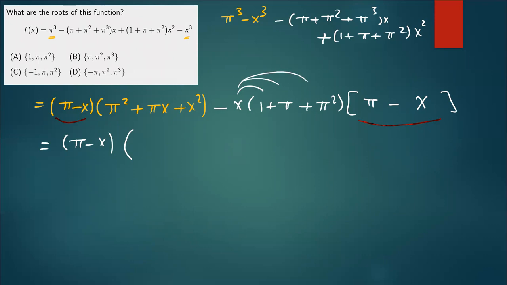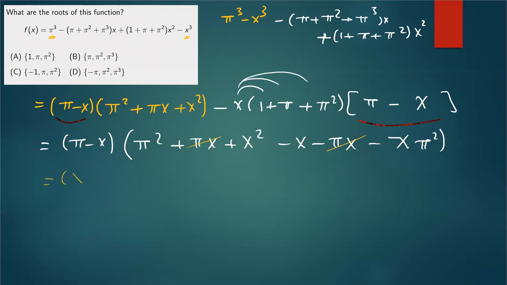So the first term will be pi squared plus pi x plus x squared, and then the distribution will be negative x minus pi x minus x pi squared. Let's see if we have some, sometimes we can cancel. I can cancel pi x. That's it, nothing else. So let's factorize the rest.